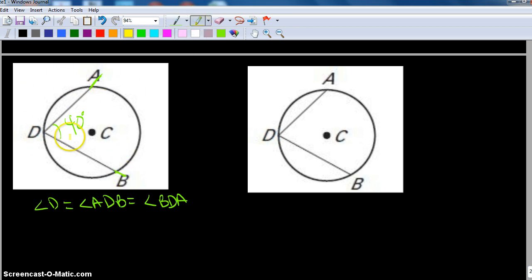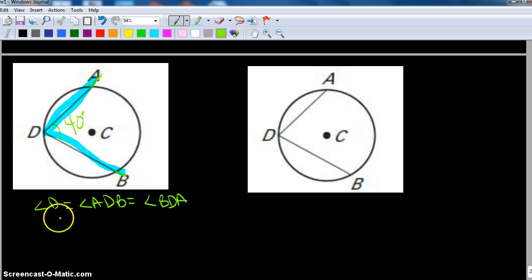It's inside the circle. So the problem is when we're trying to find the arc, because the whole point of this is to follow the angle. Follow it up here and follow it down there, because it makes the arc right here. See the arc AB? So how much is this arc AB?